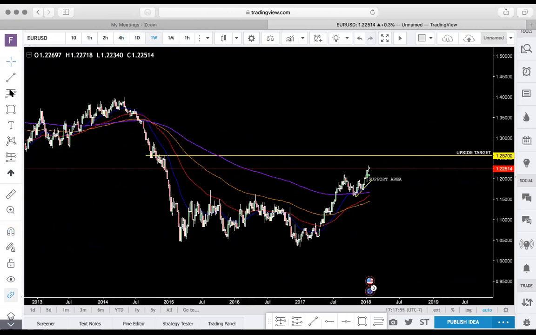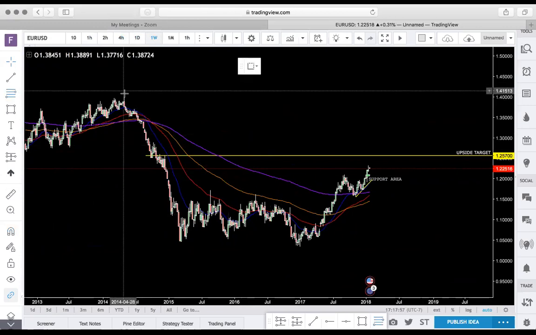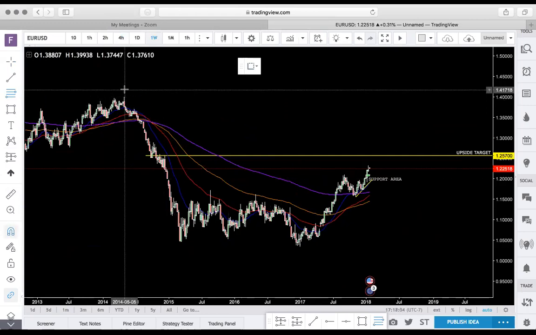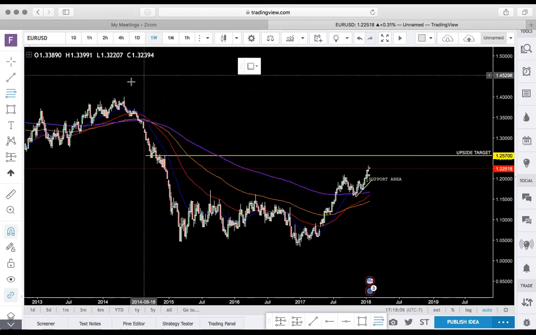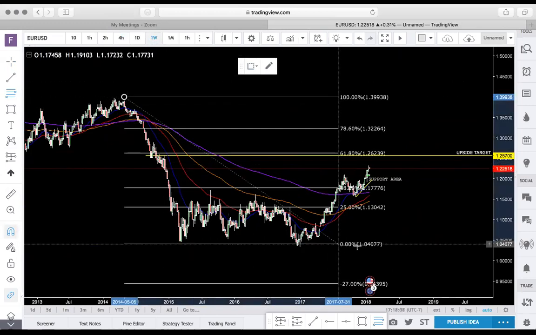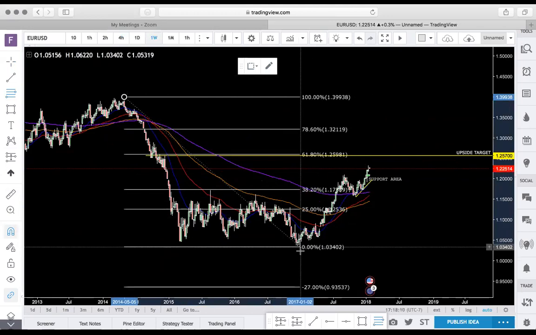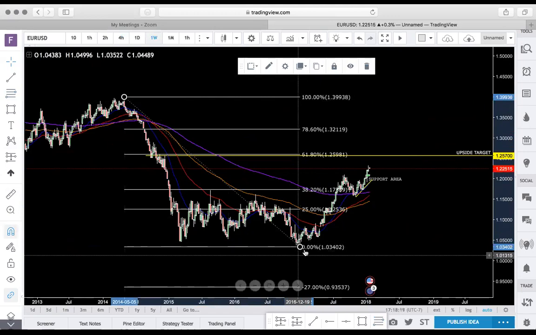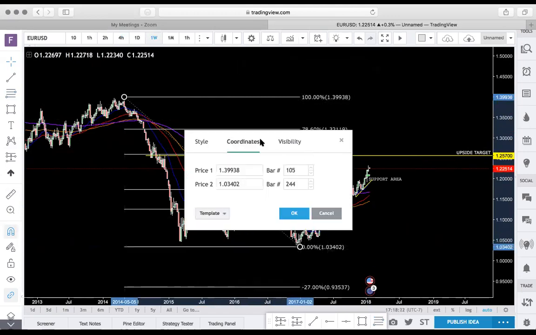If we look at this on a weekly time frame and zoom all the way out, I'll show you something here. If you connect the pivot high from May of 2014 on a weekly chart, from high to low, to the low of January of 2017, I snapped from here to here, and I'm going to extend the fibs out.